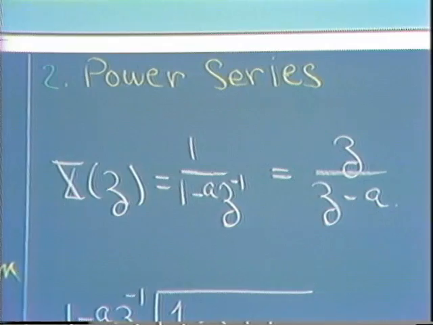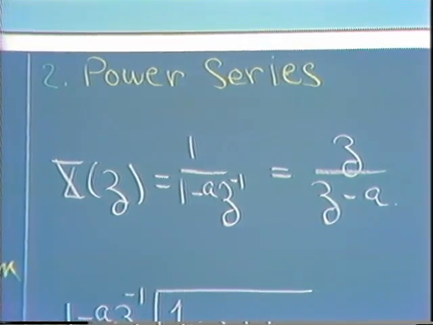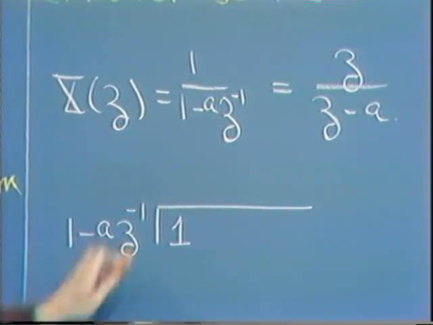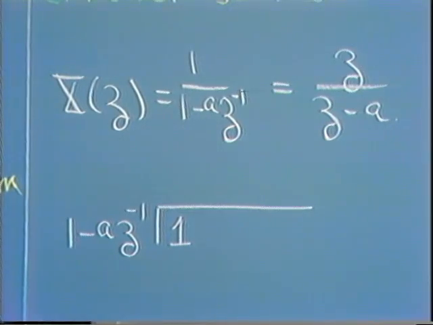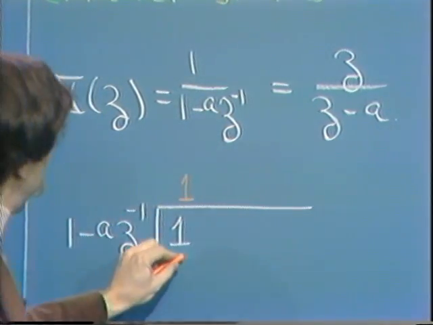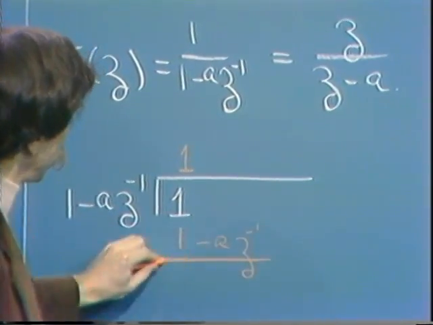However, we can also compute the inverse Z-transform by expanding this expression in a power series. Let's divide 1 by 1 minus a z to the minus 1, and then recognize the coefficients in that expansion as values of the sequence x[n]. So carrying that out, we have 1 divided into 1 is 1. Multiplying back, we have 1 minus a z to the minus 1.